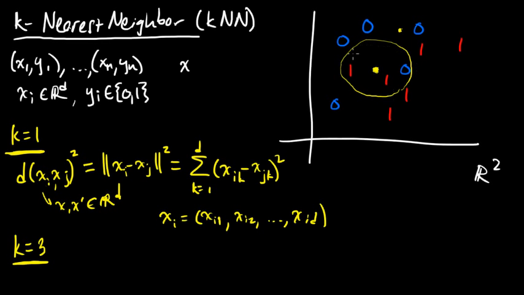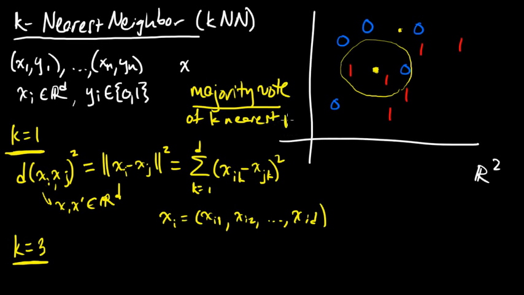So take the smallest closed ball that contains 3 or more points, and then, as I said, we take the majority vote of the k nearest points. That's what k-nearest neighbor does. In this case, we would classify this as a 1.